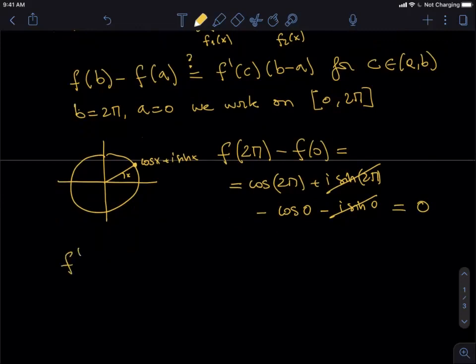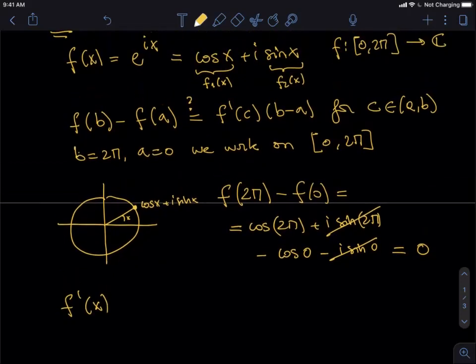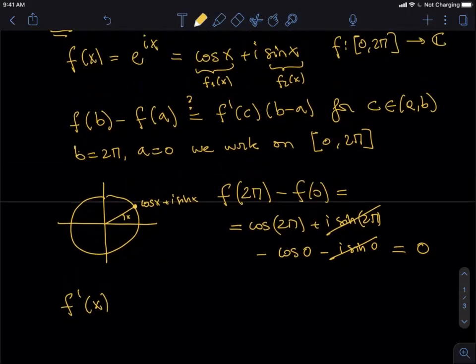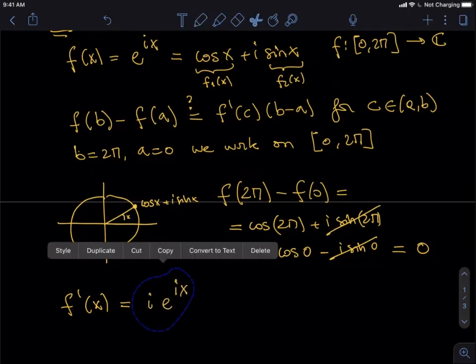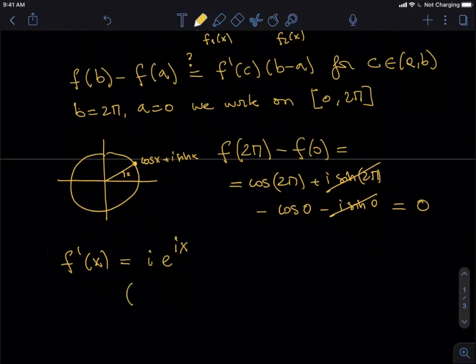The derivative, here we can just compute it from the exponential. If you have taken the complex variables course, we know that we can do the derivative as we usually do. So it's the exponential itself times the derivative of the exponent. But if we are not very sure, we can still take the derivative.